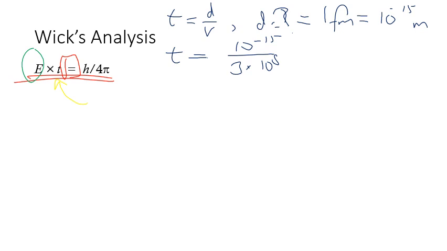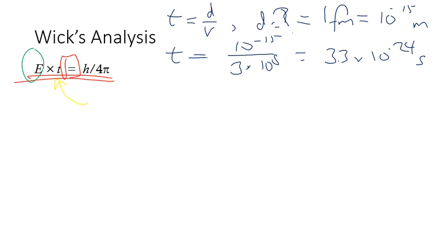And you can reach for your calculator. That's going to work out at something like 3.3 times 10 to the minus 24 seconds. So there you go. We've got a time.